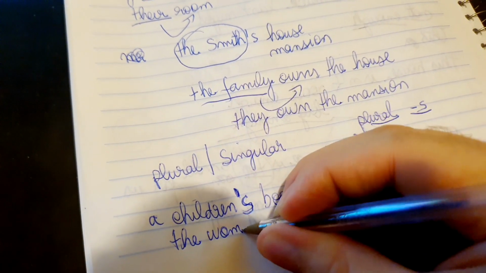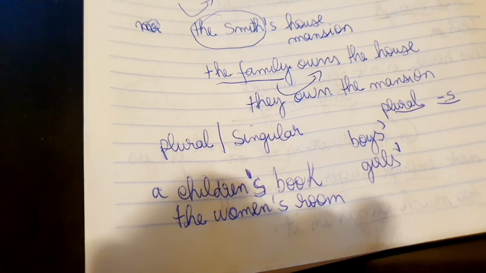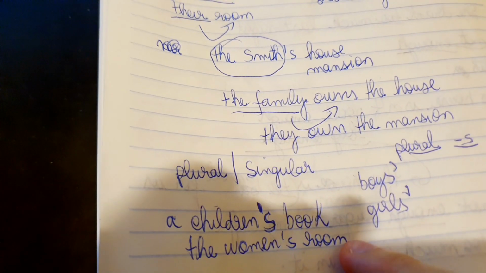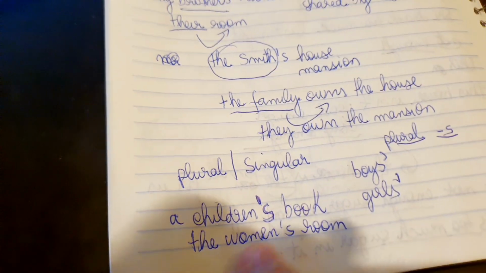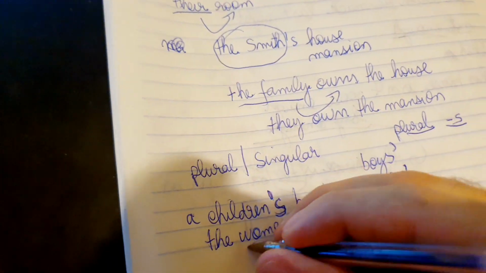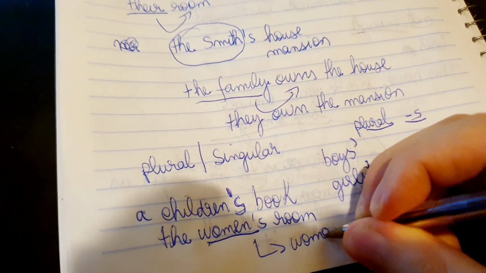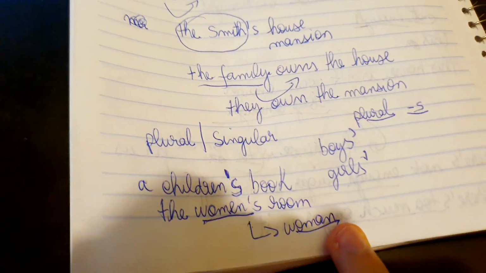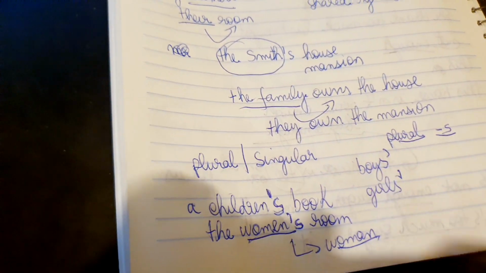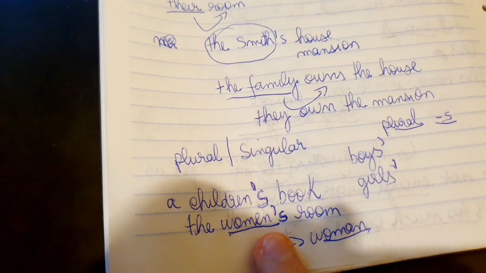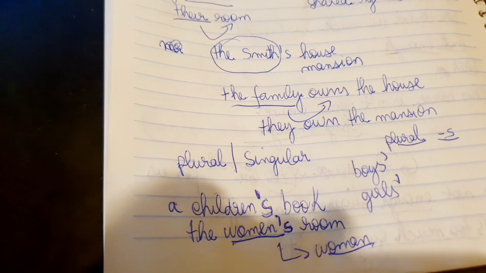The women's room, right? It means that the room belongs to the women. So women is plural of woman. And although it's plural, you have to add the apostrophe S because it doesn't end with S, okay? This plural form doesn't end with S.